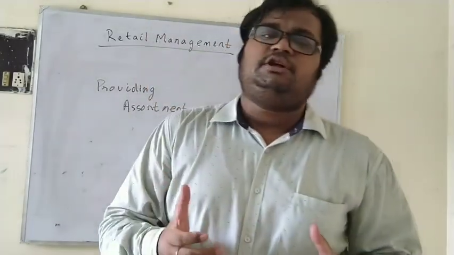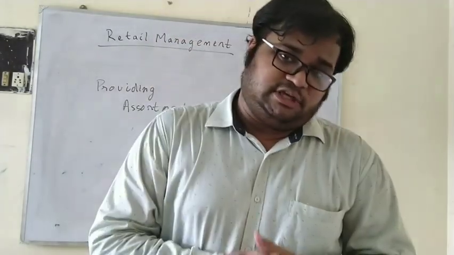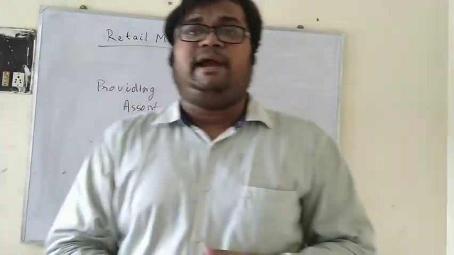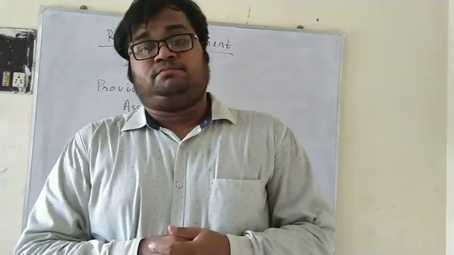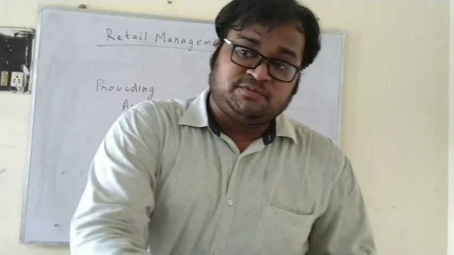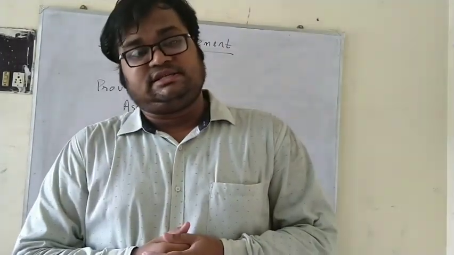If you go to a particular shop to buy a formal shirt for yourself, the retailer provides you the assortment in the case, like what are the various brands available, what are the various colors available, at what various price points do you need this, at what sizes do you need the shirt.